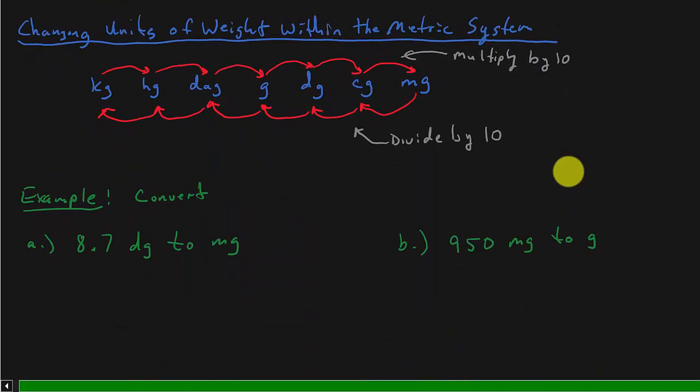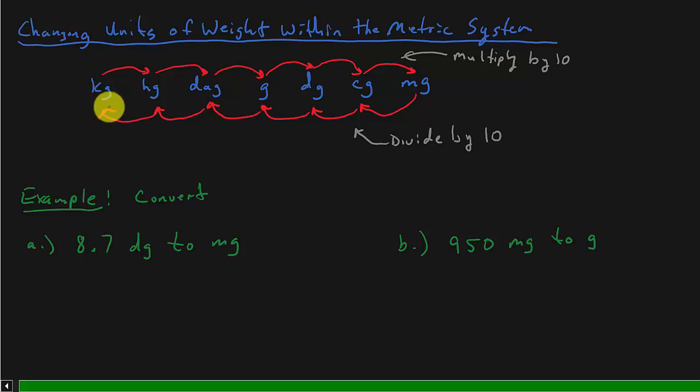Now in another video we had something like this, dealing with converting units within the metric system. So we've got kilograms, hectograms, decagrams, grams, decigram, centigram, and milligram. If we're on centigrams and we want to convert to milligrams, we have to go over one spot, which means we move the decimal one place to the right.